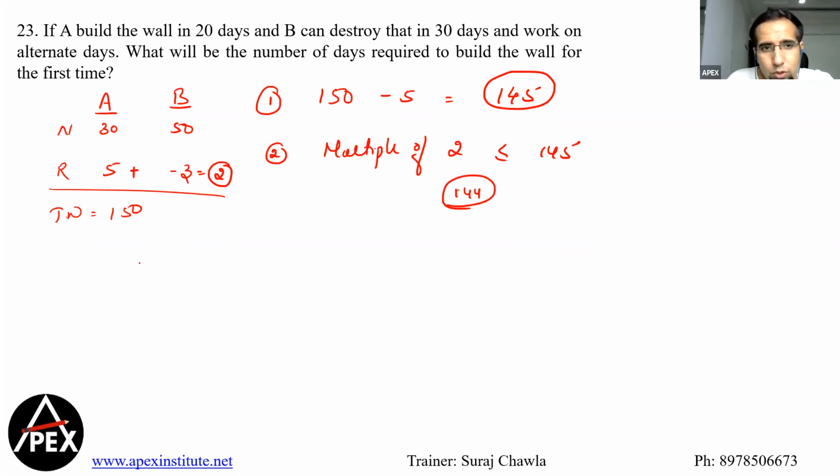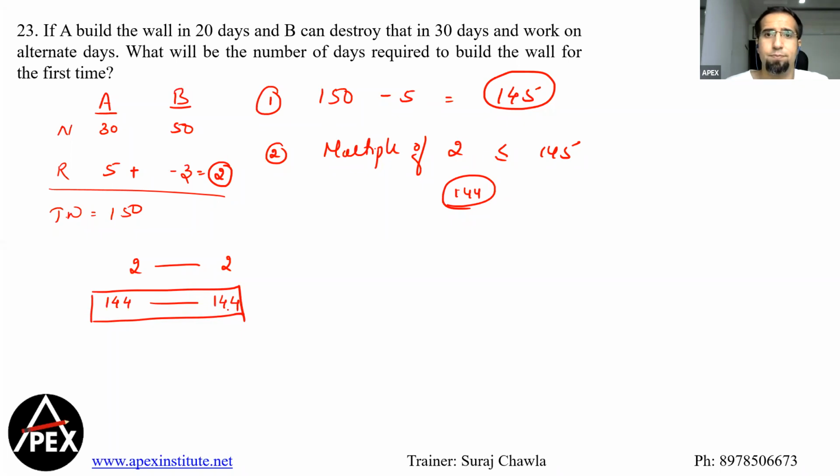So how will I do? I will write 2 units in 2 days. So 144 units in how many days? 144 days. Is this point clear, Divya and others who have doubts? Yeah, great. Okay. Now do manual.